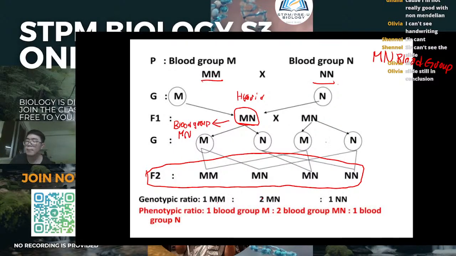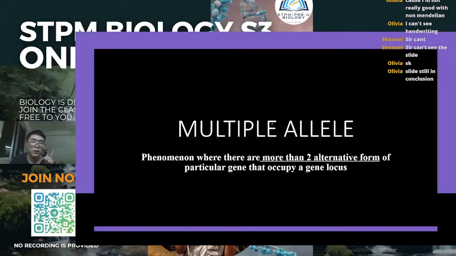Another example is the ABO blood group. ABO blood group is also one of the examples of codominance, but you will not get a 1:1 ratio, because ABO blood group is multiple alleles, the phenomenon where there are more than two alternate forms of a particular gene that occupy a gene locus.